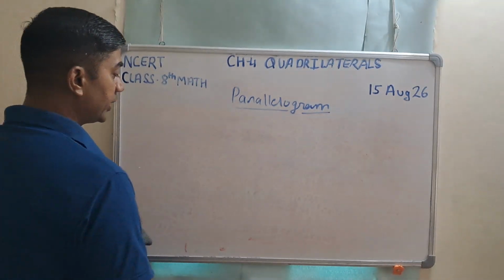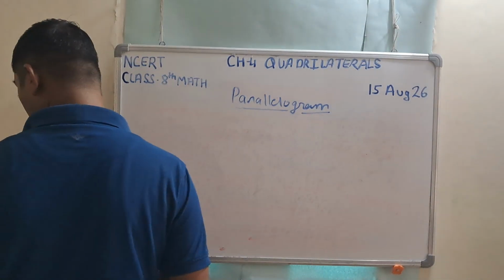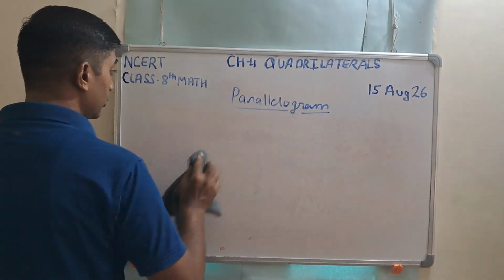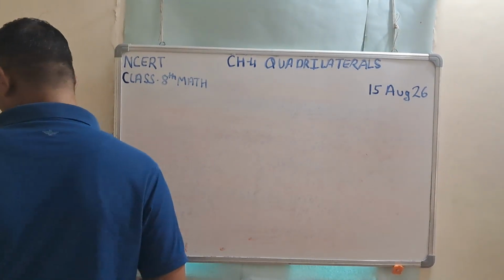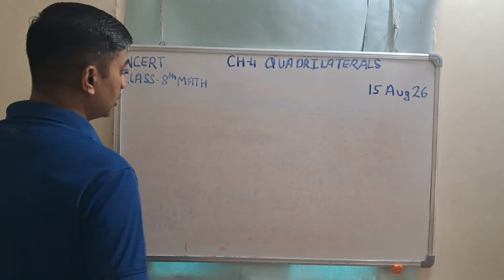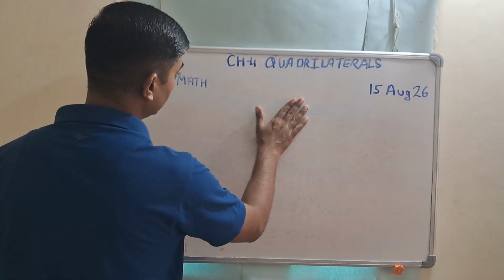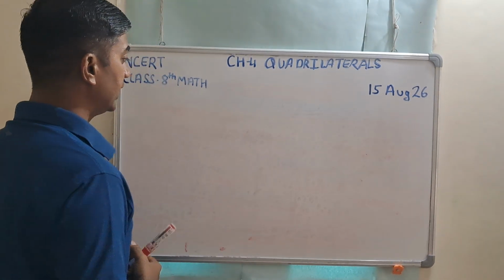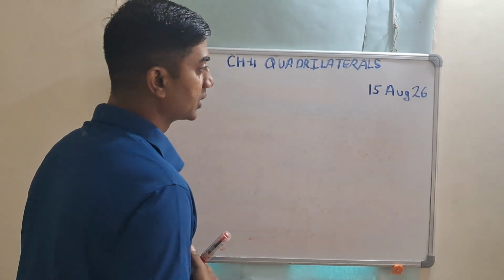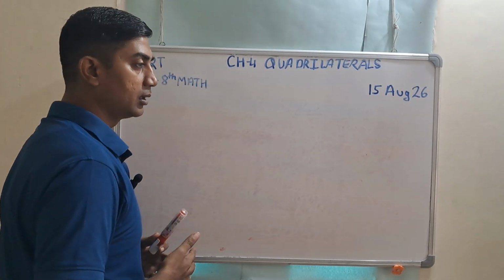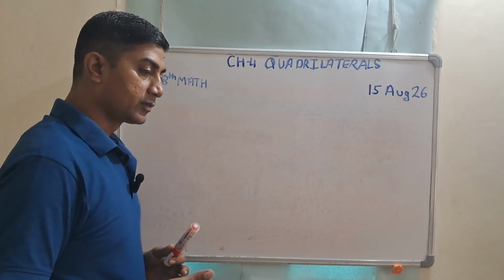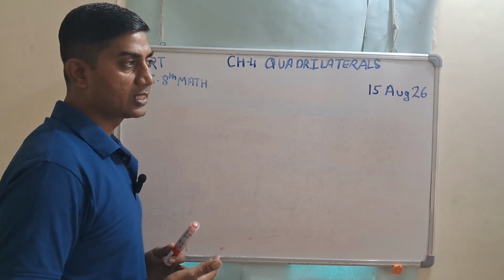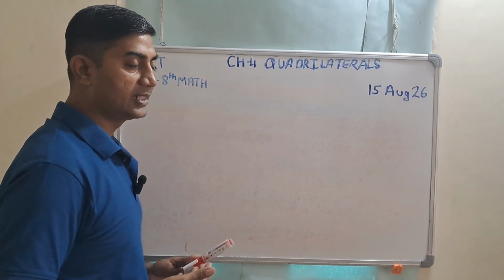Now before moving to deduction 9, we will move to topic 4.4, that is quadrilaterals with equal side length. Actually we have seen the special case of the square, that all the sides are equal.